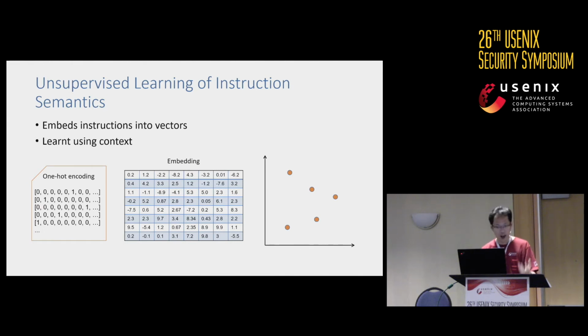The intuition behind it is that the semantics of the instructions can be inferred from their contextual use in a normal benign program. It's very much similar to how the semantic meaning of words can be inferred from their contextual use in natural languages. So what exactly are these embedded vectors and how are they useful in our task?